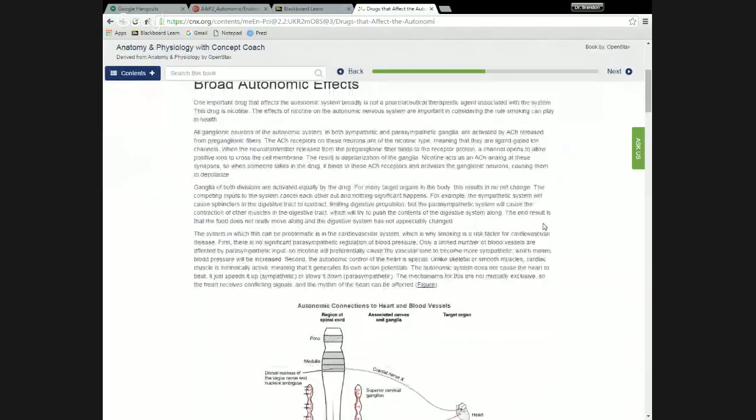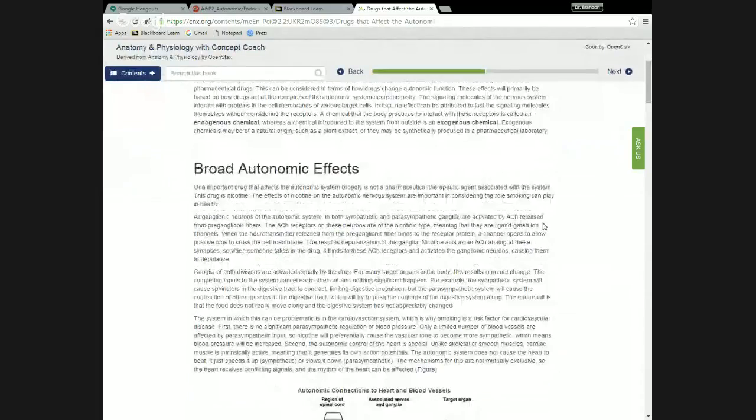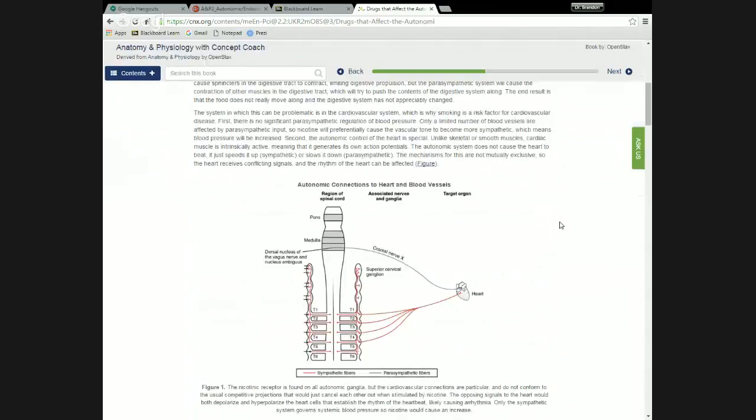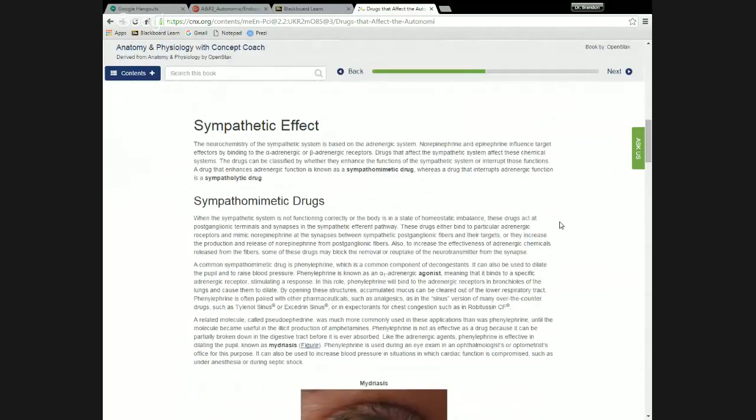I wanted to spend a little bit of time talking about drugs that have an effect on the autonomic system. Again, this is covered in the online presentation also. Basically, drugs can be classified by whether they affect the sympathetic or the parasympathetic side of things.